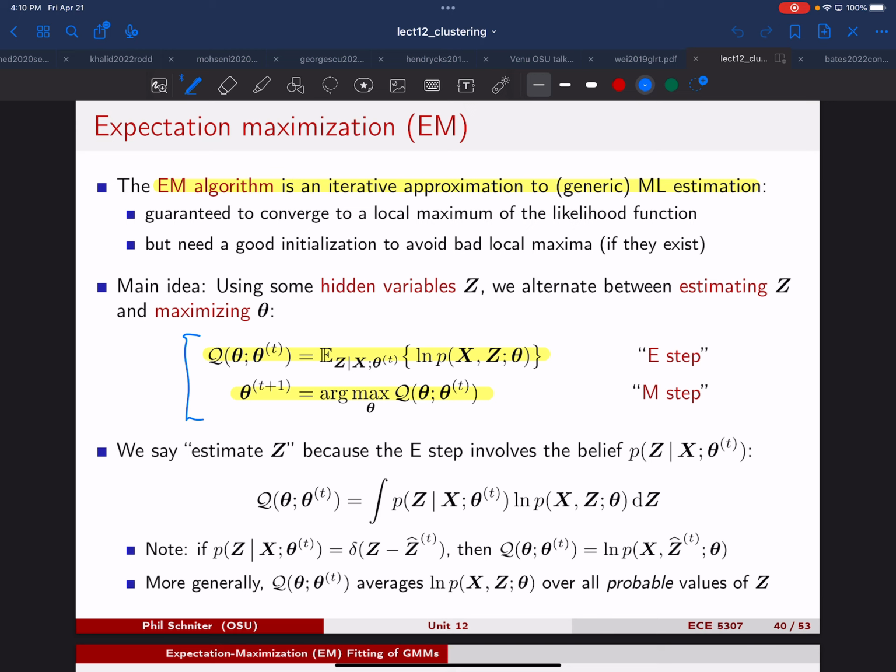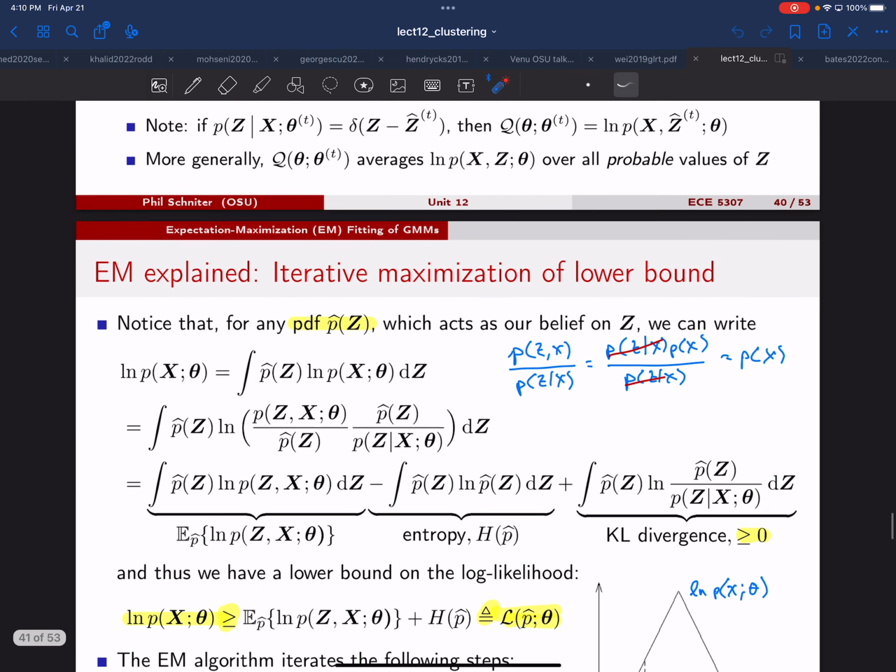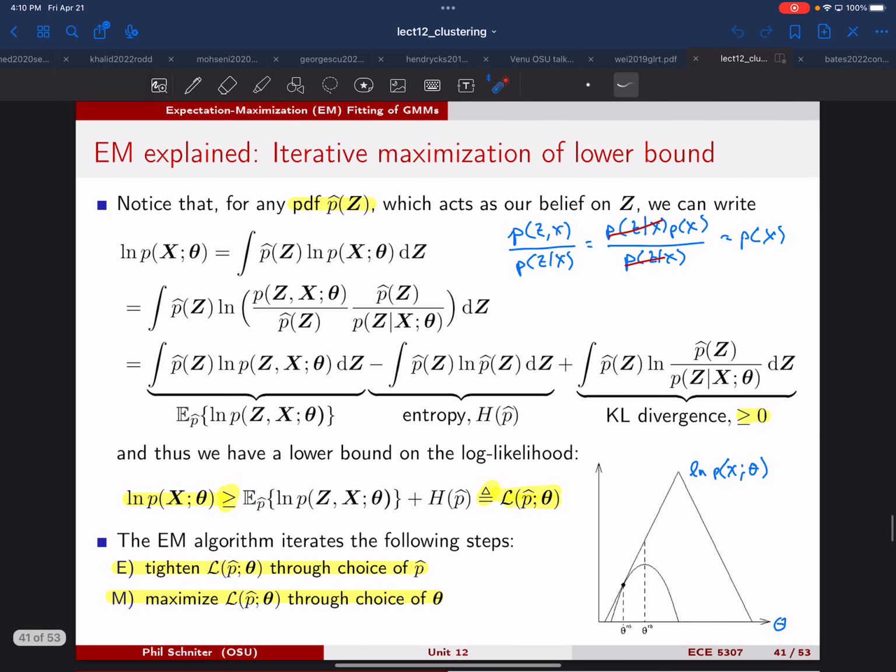So we learned about expectation maximization last time, and it started out looking like something kind of undecipherable, but then essentially we explained it by taking the log likelihood, which is what we want to maximize, and we wrote it in terms of three things. This term here, which still looks a little bit unexplained, but then the entropy, which has some meaning, and then this last term, which is the Kullback-Leibler divergence, which we know is positive.